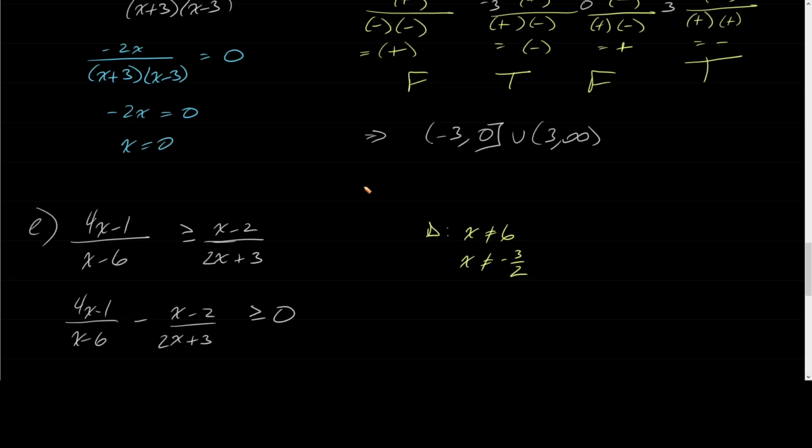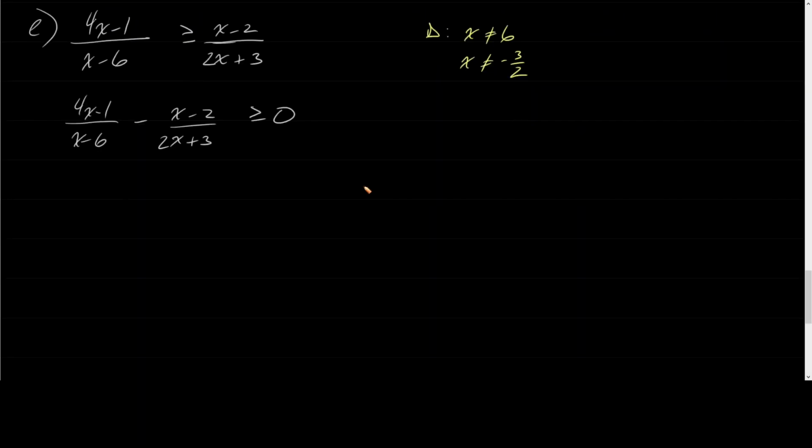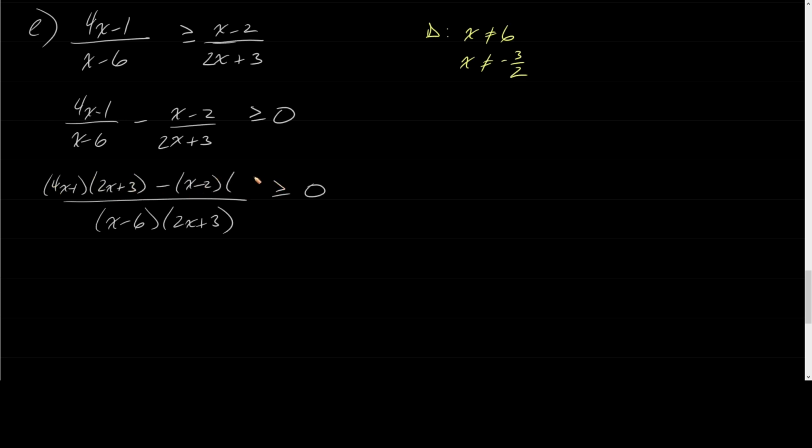The next thing I'm going to do here is come up with a common denominator, which happens to be x minus 6 times 2x plus 3. And we're going to have that greater than or equal to 0. This 4x minus 1 needs to be multiplied by a 2x plus 3. And this x minus 2 needs to be multiplied by an x minus 6.